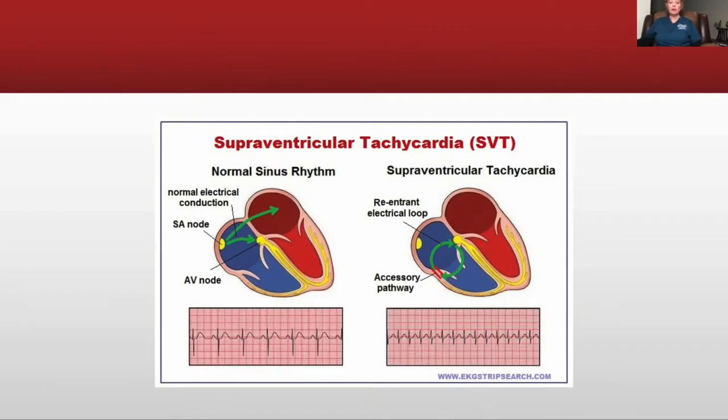So supraventricular tachycardia, as opposed to normal sinus rhythm, if you can see, the drawing depicts that in SVT there's an accessory pathway located somewhere in the atrium that is actually initiating the rhythm. It is too fast for the SA node to be generating this rhythm, and it's narrow, so it's not coming from the ventricles.